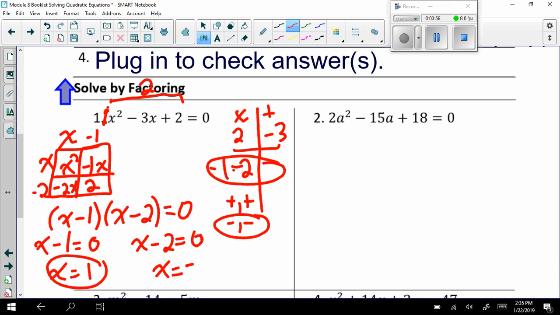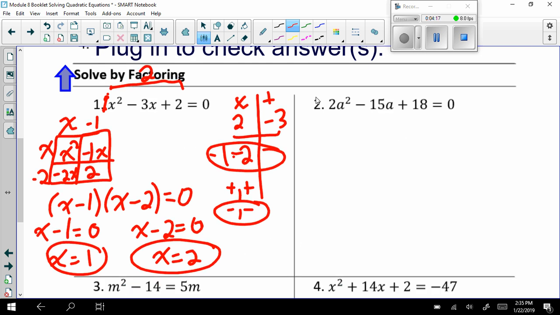Adding 2 to both sides, there's my second solution. So I have two solutions. Now really I should plug it back in to check my answers, but I'm going to save that for you to do on your own so that our video doesn't get too long here. We're going to save number 2 to do together in class. And we're going to move to number 3.